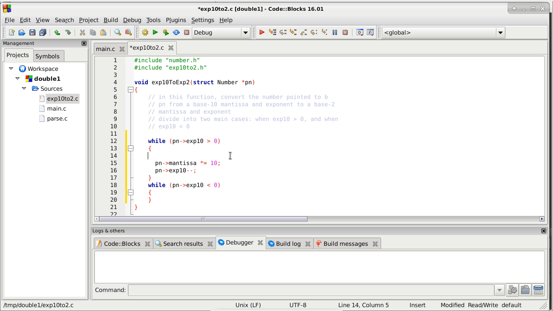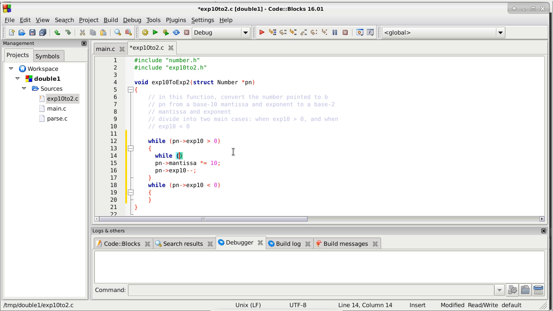All right. But before we do this, we have to make sure that the mantissa has room for that multiplication by 10, okay? Which basically means as long as it does not have room, I have to divide it by 2 and then adjust exp2 accordingly.